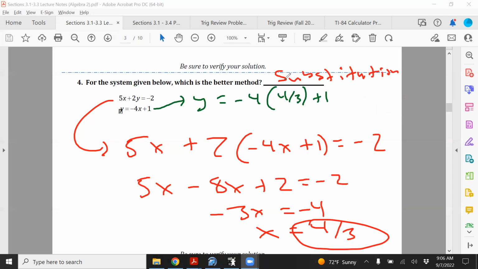Now, once you got x, throw it back into any equation you want. I threw it back into the second one, because y is already isolated. If I throw it back into the second one, I have this. Now, what's negative 4 times 4/3? That's negative 16/3. Because whenever you have a whole number or an integer times a fraction, negative 4 is like negative 4 over 1, right? Just multiply the numerators and denominators together, you get negative 16 over 3. And 1 can be written as 3 over 3, right? Because isn't 3 over 3 still 1?